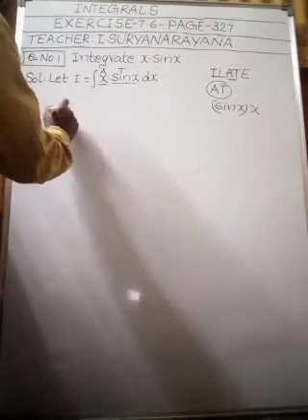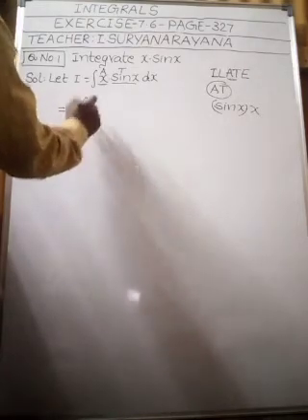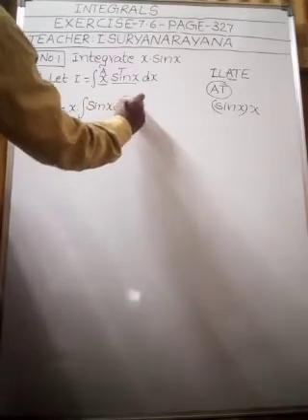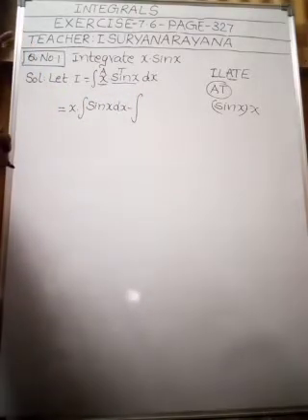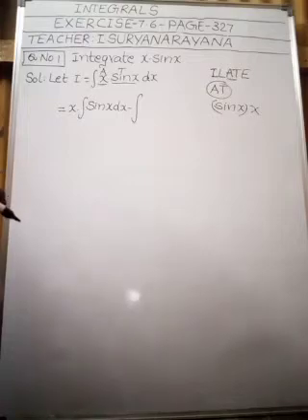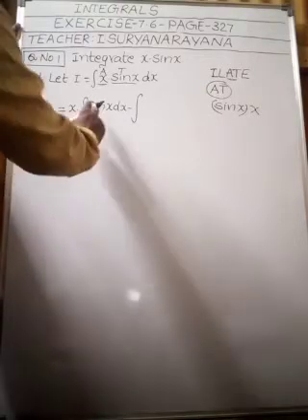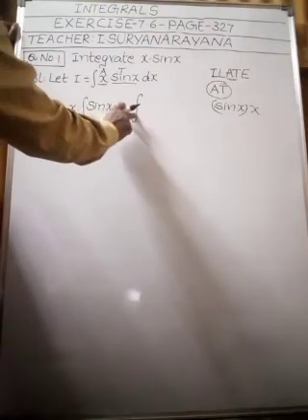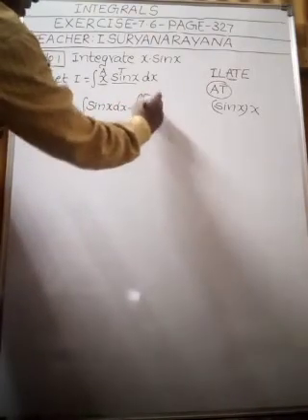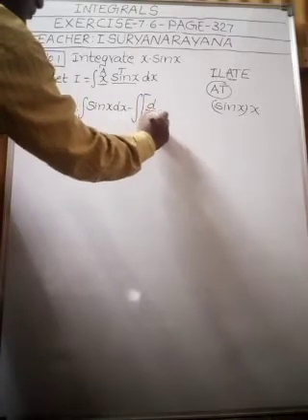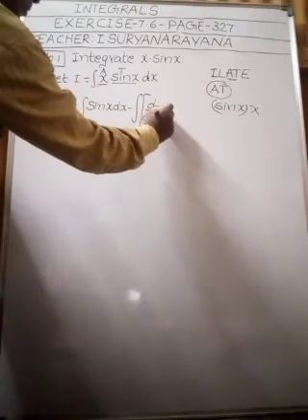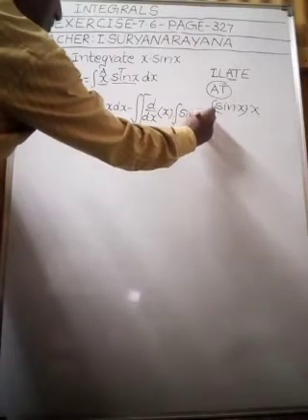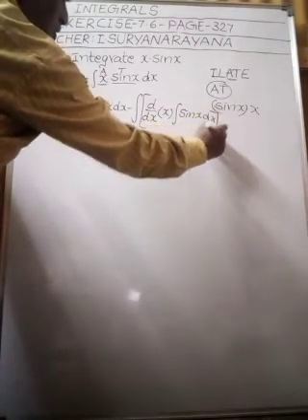First function into integral of second function minus integral of, you have to memorize that sentence, first function, integral of second function minus integral of d by dx of first function, integral of second function, whole dx.